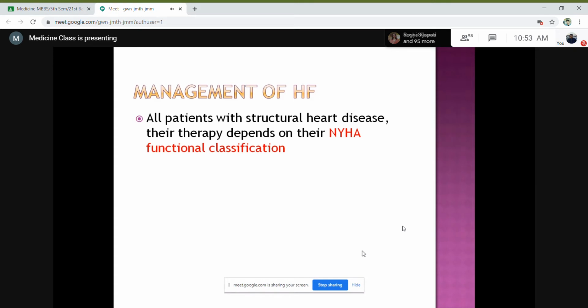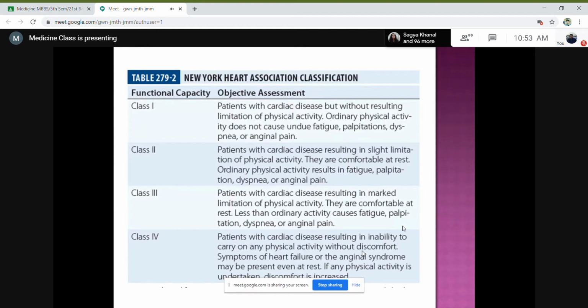This is important for management as well as for the bedside. Yesterday I showed you the classes. Now this is the more elaborated form of the same NYHA functional class.